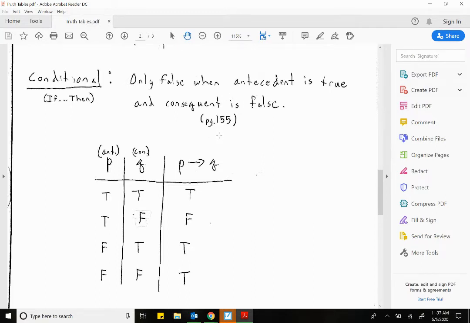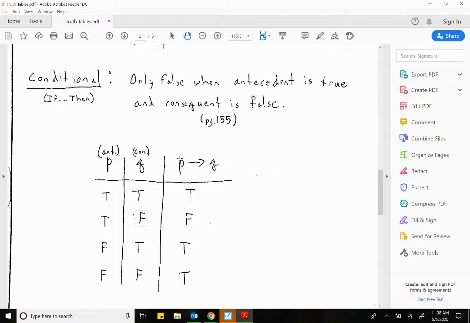So when we deal with conditionals, when I do truth tables, you will see me put the antecedent abbreviation, ant, and con abbreviation over the columns that I'm dealing with because I need to know the order. I have to look at them in a certain way. I need to look at them from the antecedent to the consequent because the only way I can recognize a false answer is if the antecedent is true and the consequent is false.